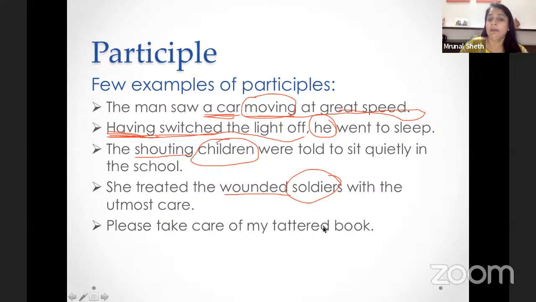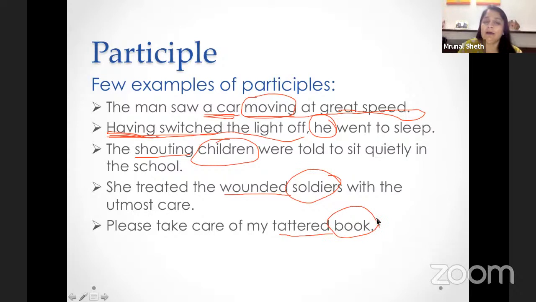Please take care of my tattered book. Again, tattered. So tattered is a participle and book is the noun. Participles are very easy. As long as you know adjectives, you know which noun they are describing, and you can figure out that it's a participle.